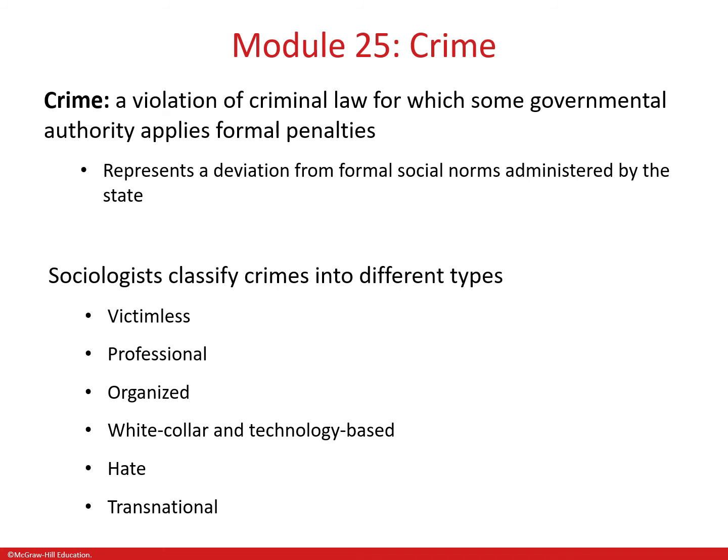So we have victimless, professional crime, organized crime, white-collar, technology-based crime, hate crimes, which we'll talk about how can overlap in many of these instances, and then transnational crime. So there might be some overlap in the way we classify some of these, but we're just going to distinguish them at first.